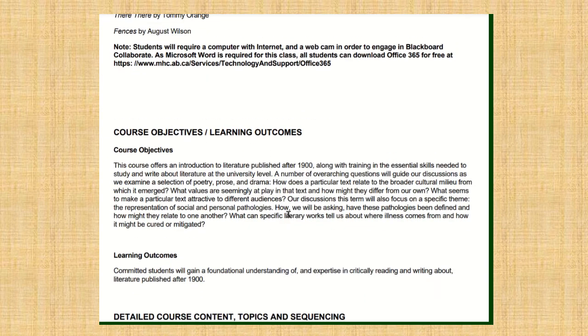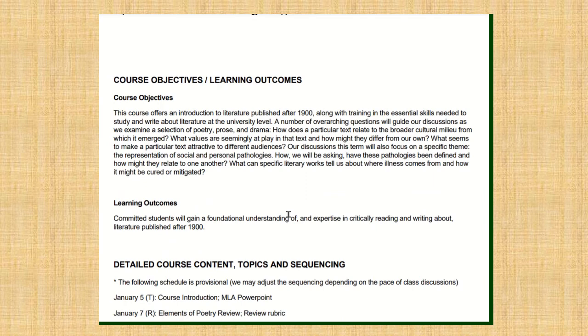Download Microsoft Word. Course objectives, learning outcomes. So the course objectives: this course offers an introduction to literature published after 1900, along with training in the essential skills needed to study and write about literature at the university level. A number of overarching questions will guide our discussions as we examine a selection of poetry, prose, and drama, of which we already went over.